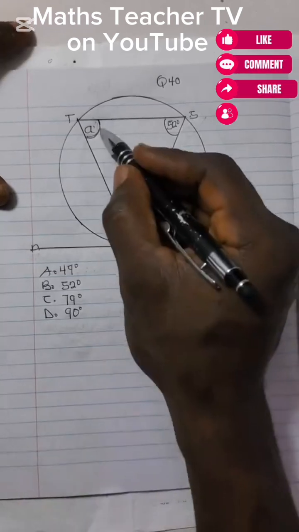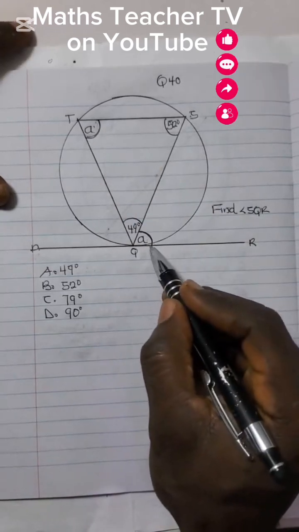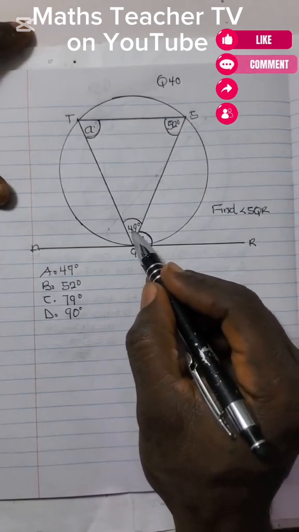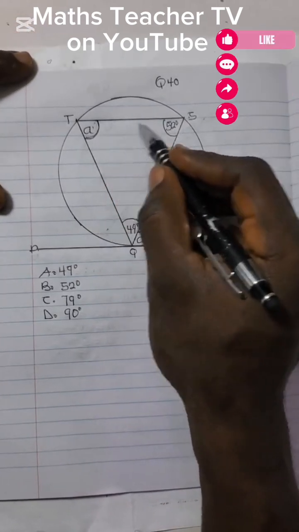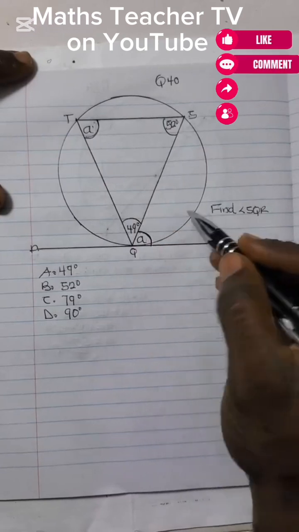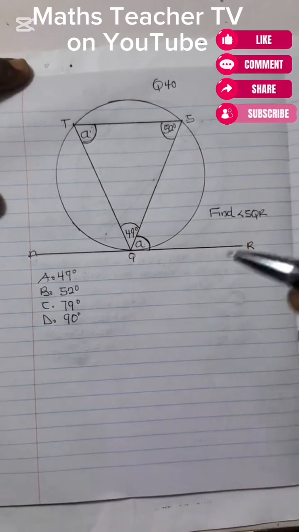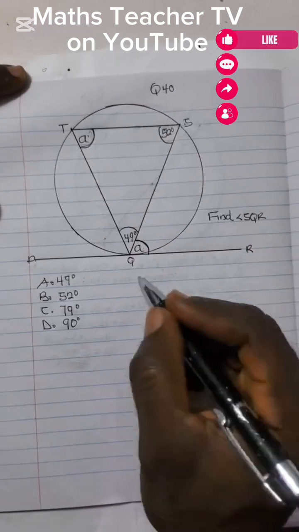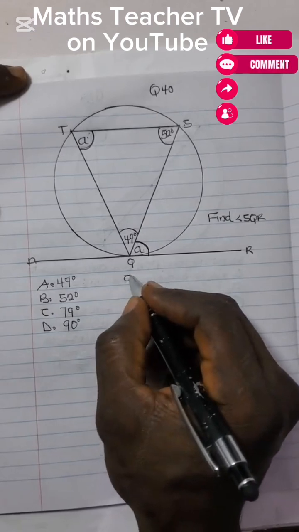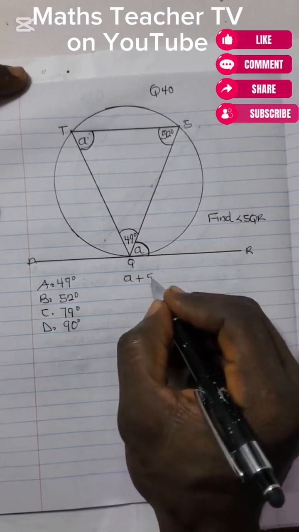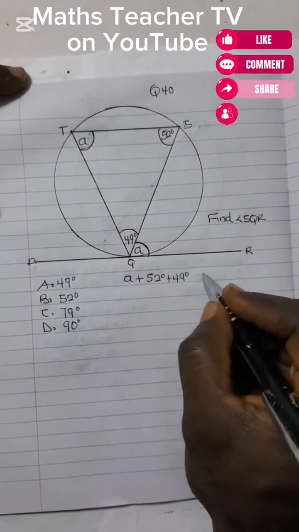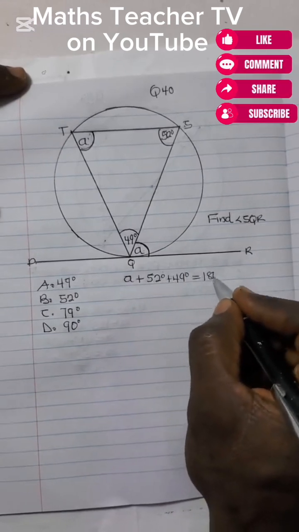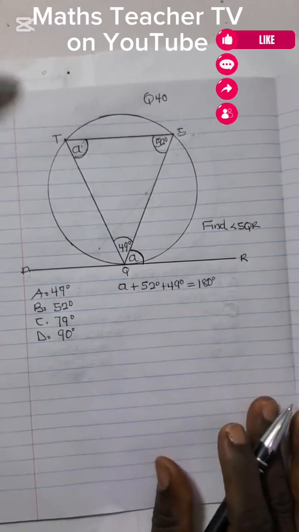So now knowing this angle means we know this angle. Since this angle is 49 degrees, this is 52 degrees, and this angle is A, we can sum the three to equal 180 degrees because of the sum of angles in a triangle. So therefore we are going to have A plus 52 degrees plus 49 degrees equal to 180 degrees.